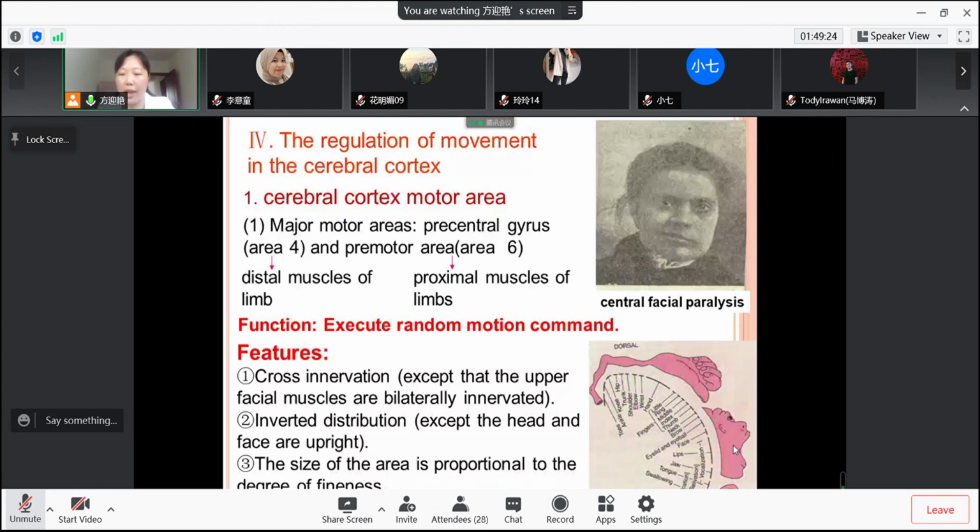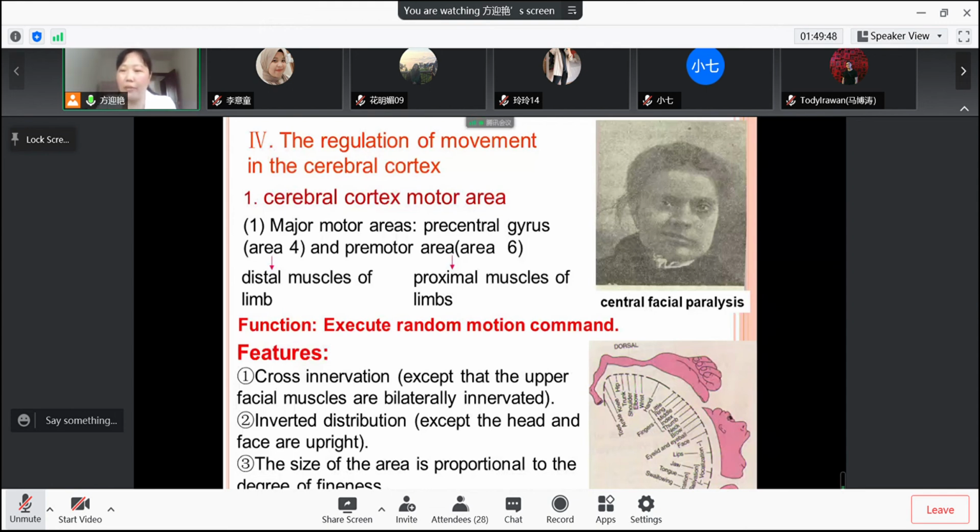The muscles in our head do many complex movements, like smiling and speaking. The relaxation or contraction of these muscles is facilitated movement. So the area for our head is also large.